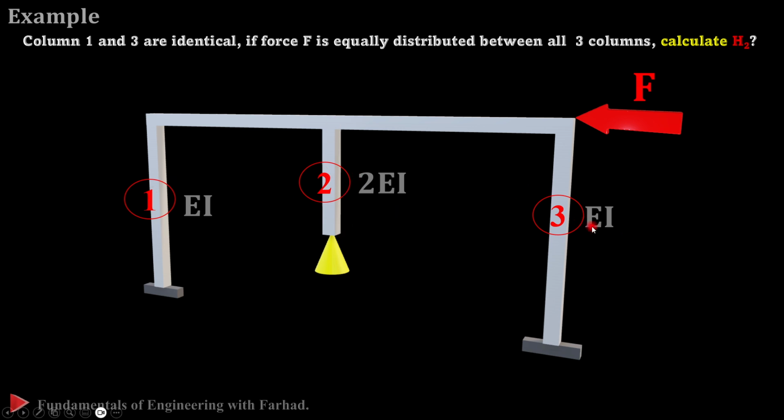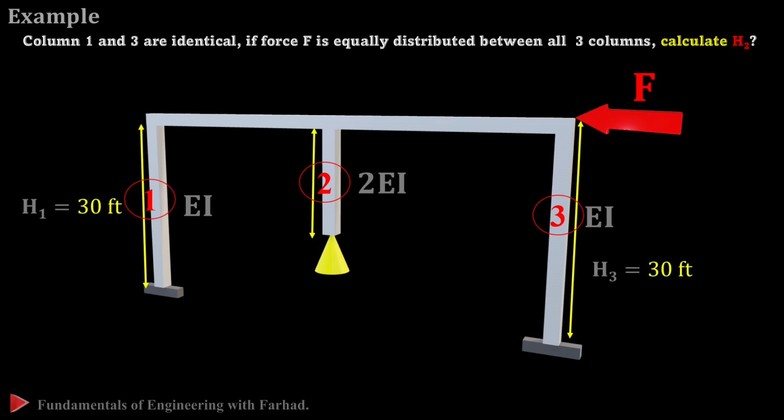Columns 1 and 3 are identical in terms of their height, their EI, and their support conditions: both are fixed, and the middle one is fixed and pinned. And the height is different. The modulus of elasticity is 2EI for the middle one and the other two are EI.